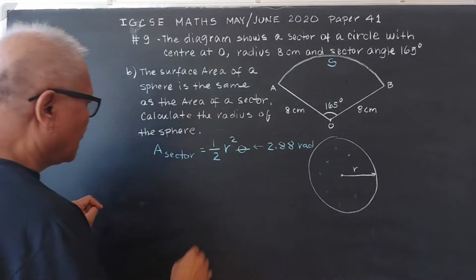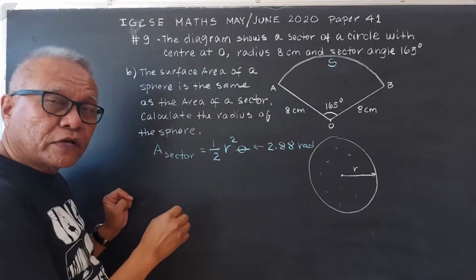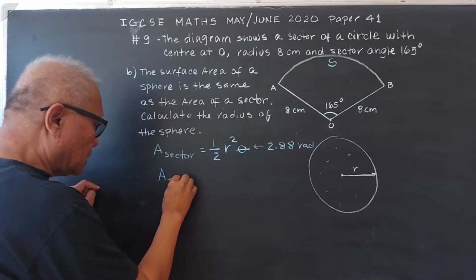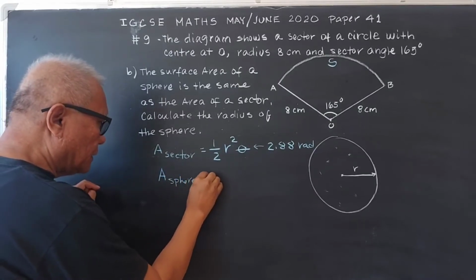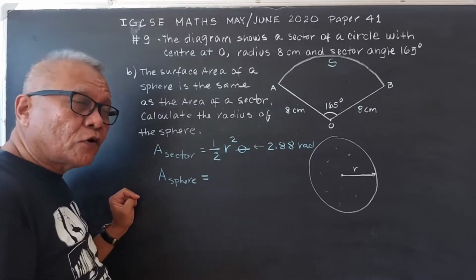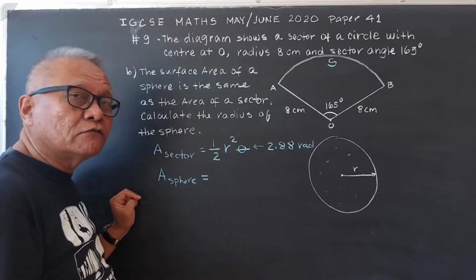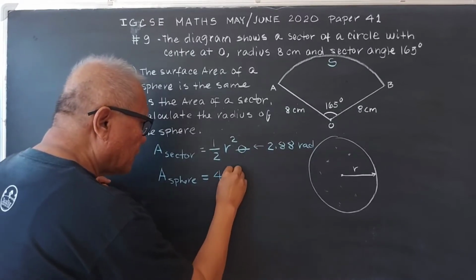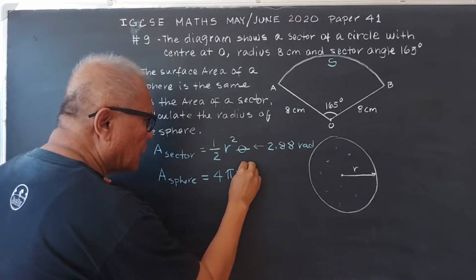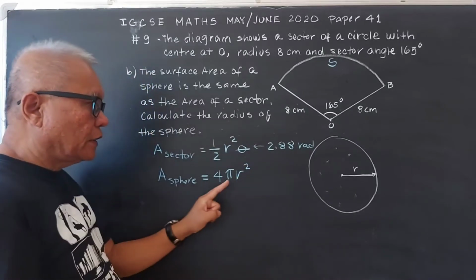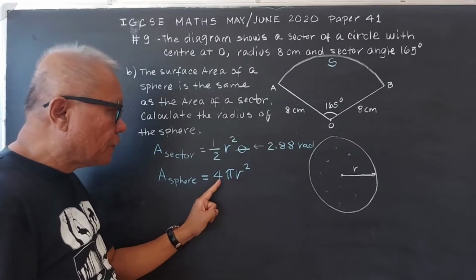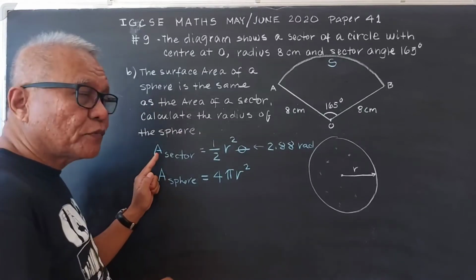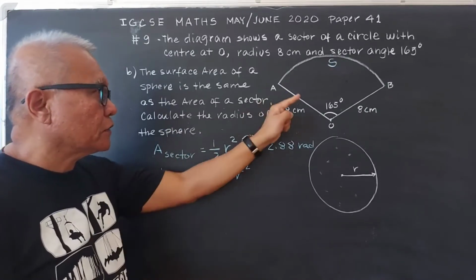The area of a sphere is 4 times the area of our circle, which is 4 pi r squared. Area of a circle times 4 is area of the sphere. So let's compute first for the area of our sector.